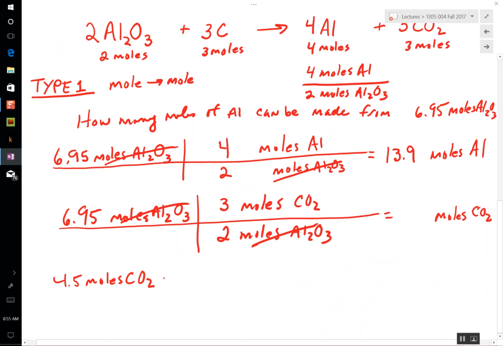I got a gas, I analyzed it, weighed it, whatever, and I found there were 4.5 moles, but I wanted to know how many moles of aluminum oxide would have had to react to produce that. So I've got a product, and I want to find moles of a reactant.